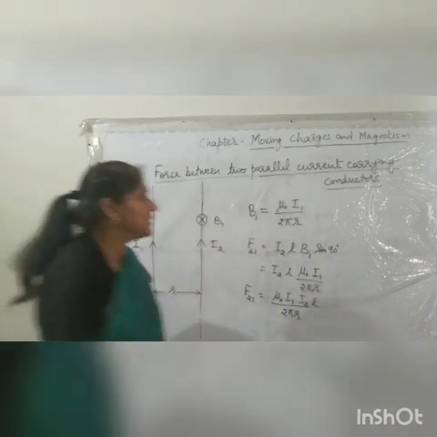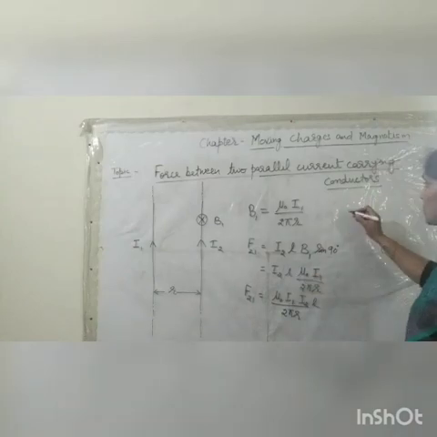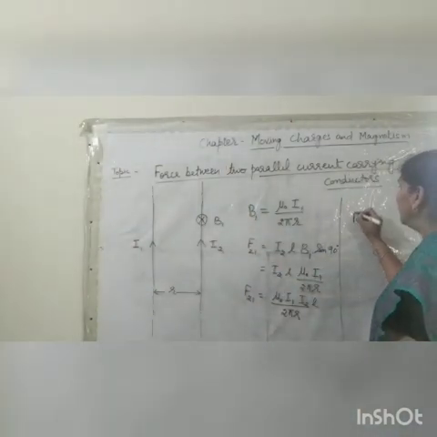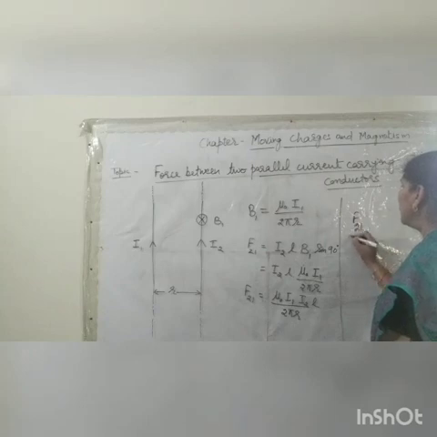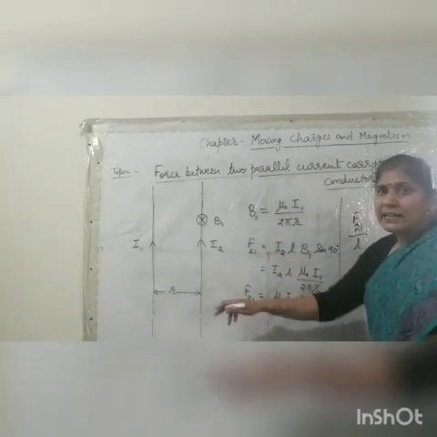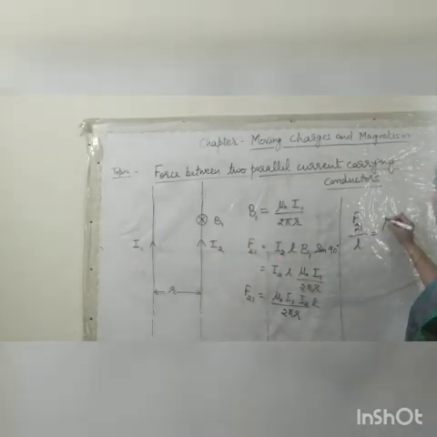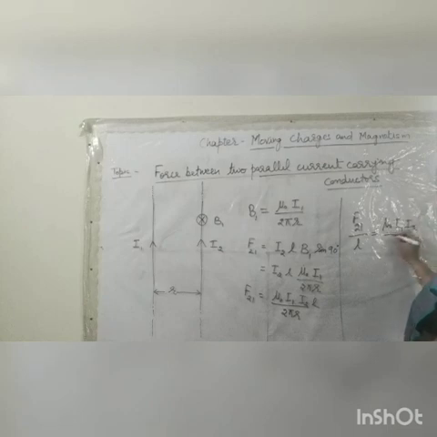Or we can say that the force per unit length of the second conductor, the force experienced by unit length of the second conductor due to the current in conductor 1, will be mu naught I1 I2 upon 2 pi r.